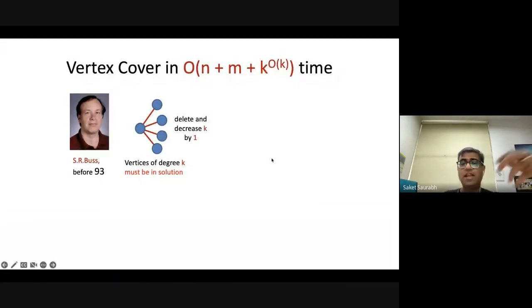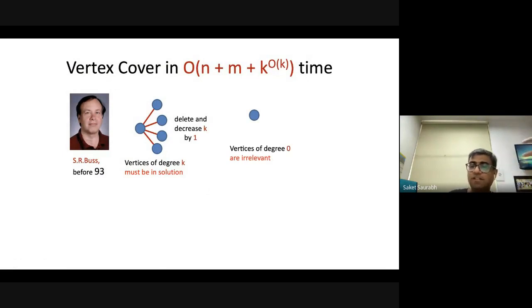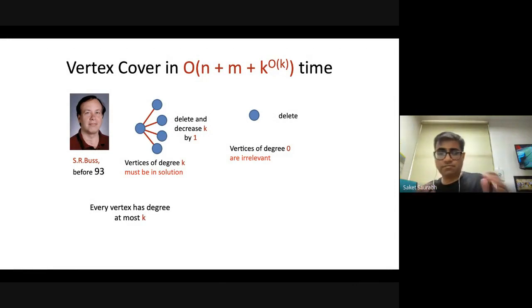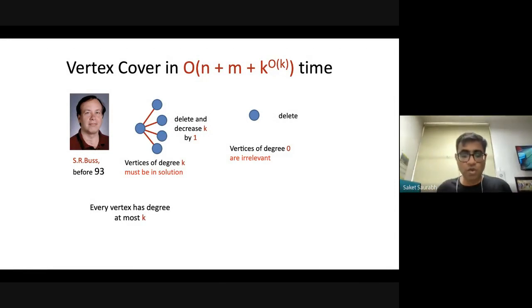So you delete it and decrease k by 1, and vertices of degree 0 are irrelevant because they do not cover any edges, so you can delete them. So now either by this process you'd have realized that it's yes or no, or you're not able to apply these rules, and you come to the conclusion that every vertex has degree at most k.